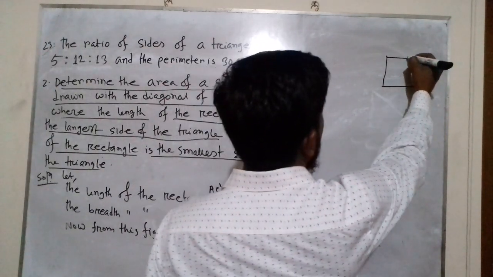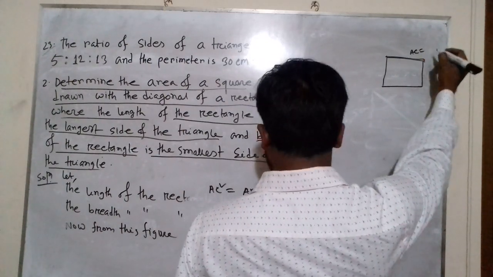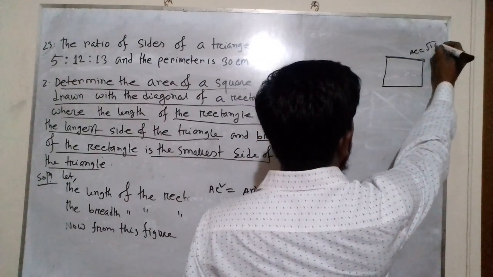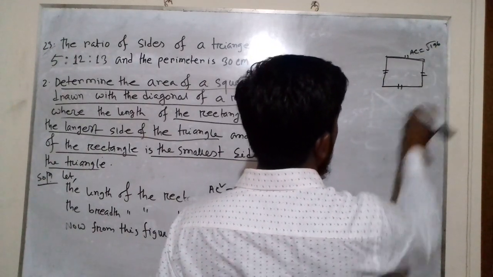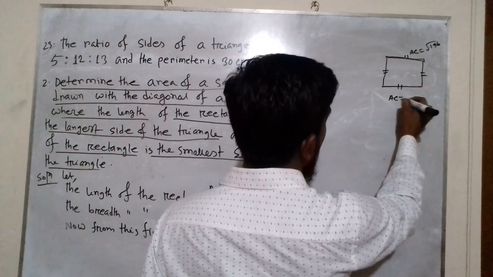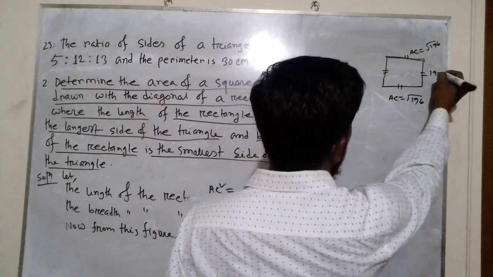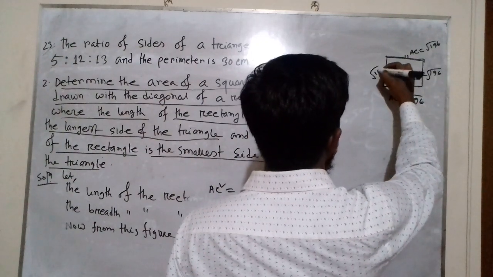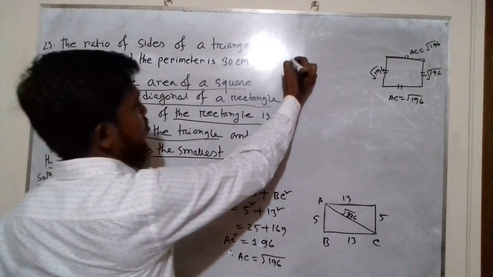So this is AC equal to root over 196. These sides are the same.